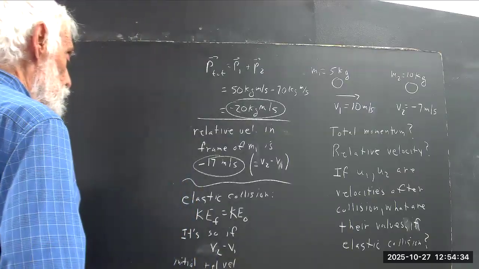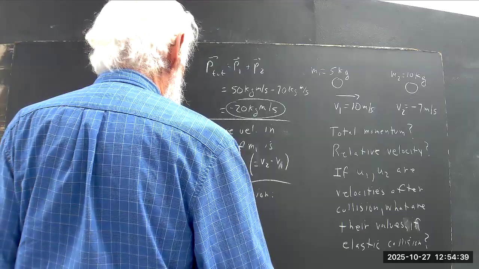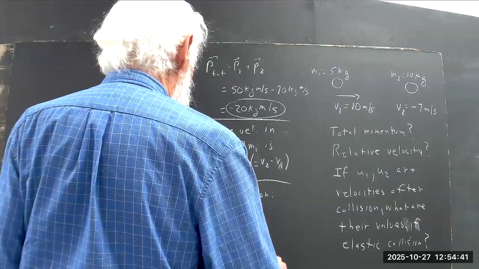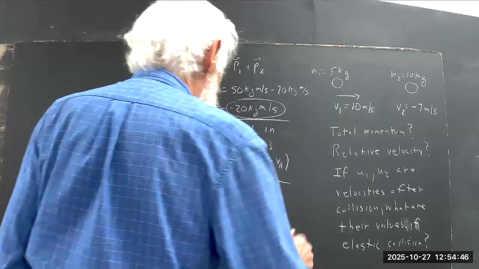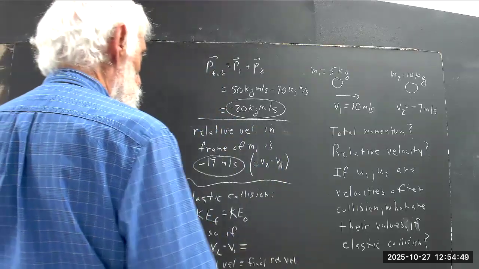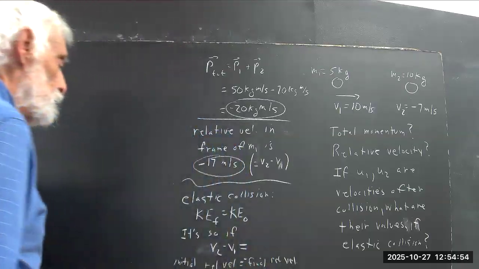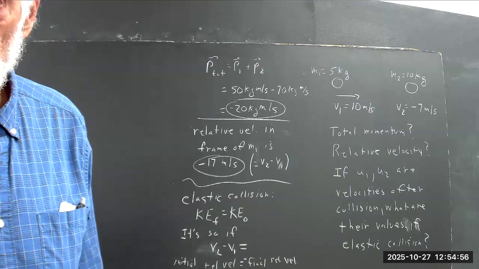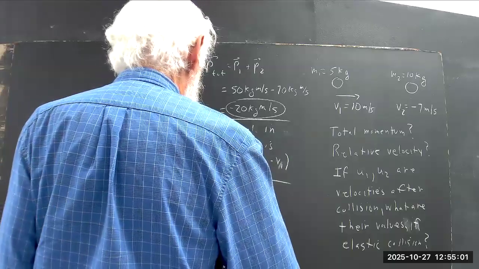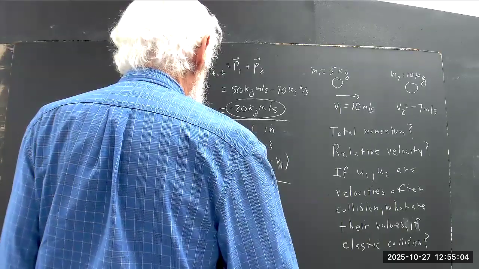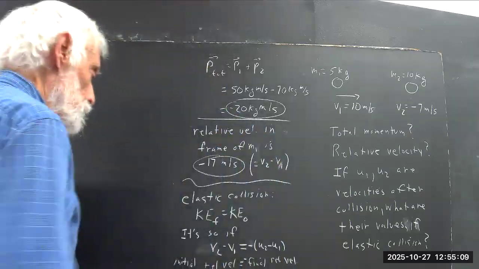I'll use the word initial relative velocity equals, it might be a little hard to read, but it's final relative velocity but negative, equal and opposite to the final relative velocity. What's the final relative velocity? Well, it's got to be negative U2 minus U1.